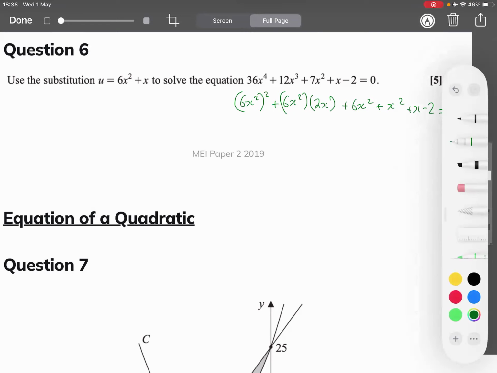So instead, we know that 6x squared equals u minus x. So therefore, we get (u minus x) squared plus (u minus x) times 2x plus (u minus x) plus x squared plus x minus 2.